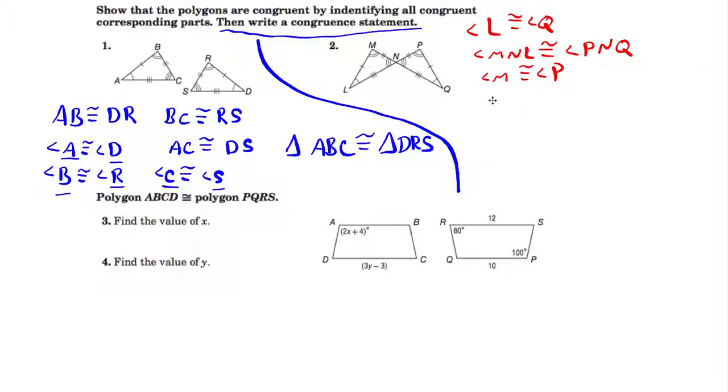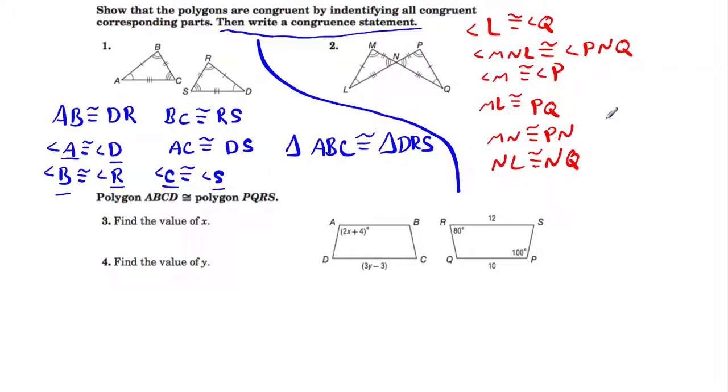We can see these outside sides are congruent. So we can say that ML is congruent to PQ, and also MN is congruent to PN. One last side, we can say that NL is congruent to NQ.